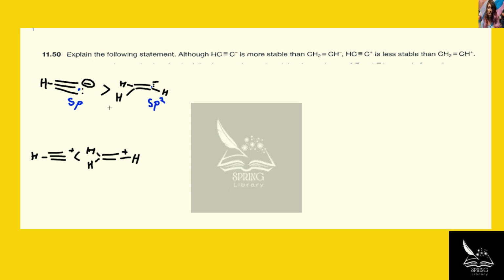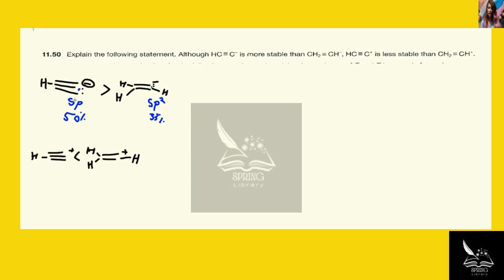We know that negatively charged lone pair electrons are more stabilized when they're in a smaller orbital. The s orbital is smaller than the p orbital. So when your lone pair is in an orbital with a higher percentage of s character, that's going to be the more stable carbanion. This is 50% s character, while this is 33% s character.